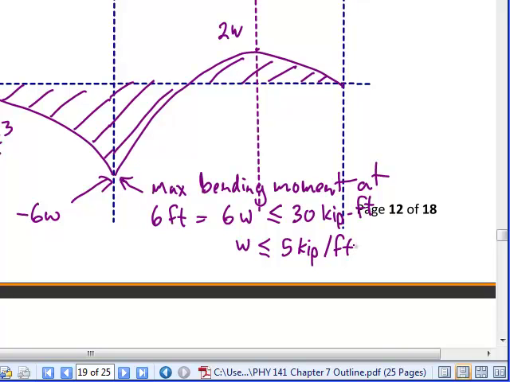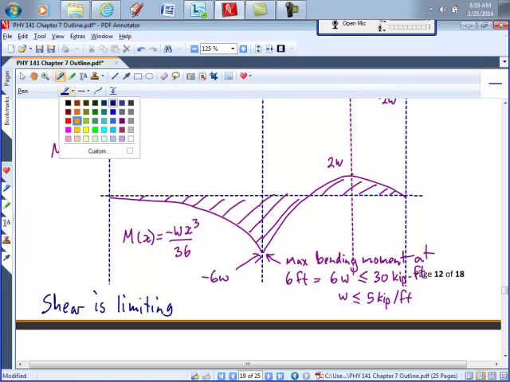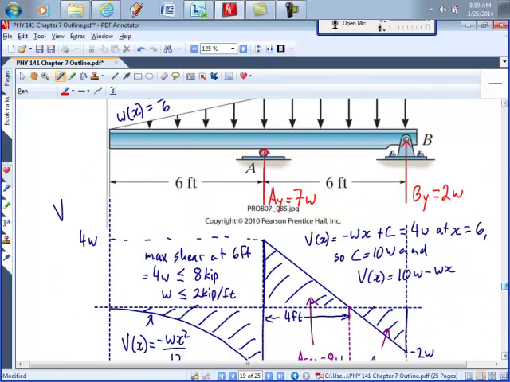So which one is limiting? Shear. Shear is limiting. Let me just circle those so that they stand out a bit better.